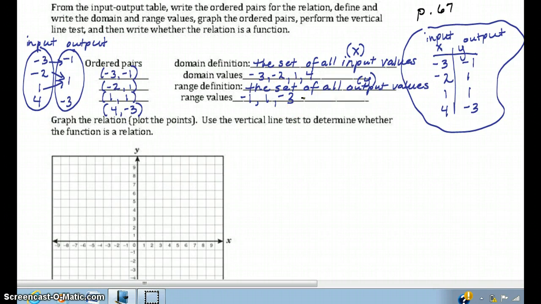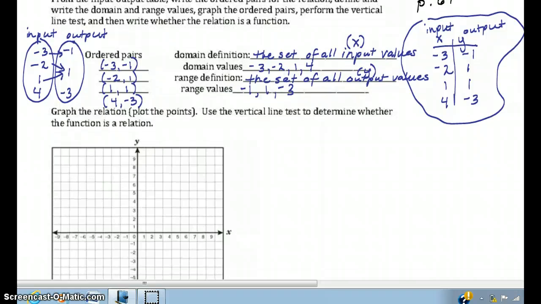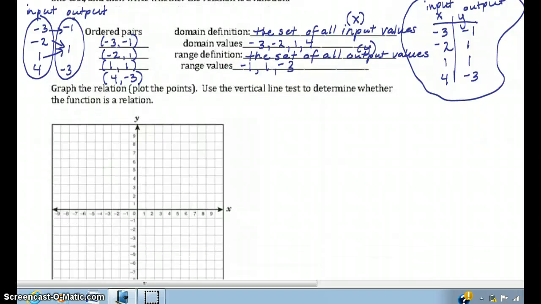Now we're going to go ahead and graph the relation. Remember, relations, anytime you pair an X and a Y coordinate together, that's going to be a relation. Whether or not it's a function is whether it passes the vertical line test, that's one way to determine it, or whether for every input value, every X value, there's exactly 1 output value.